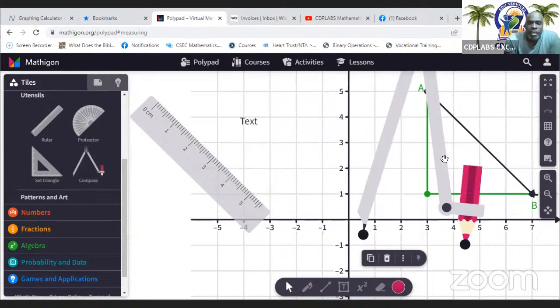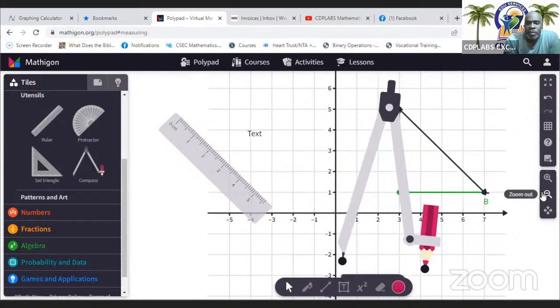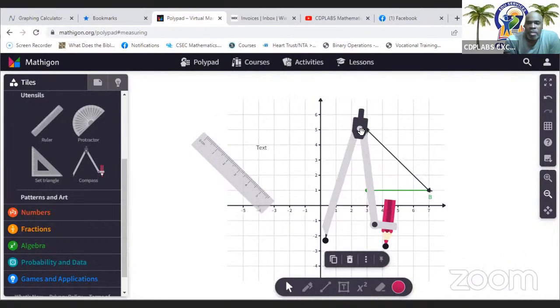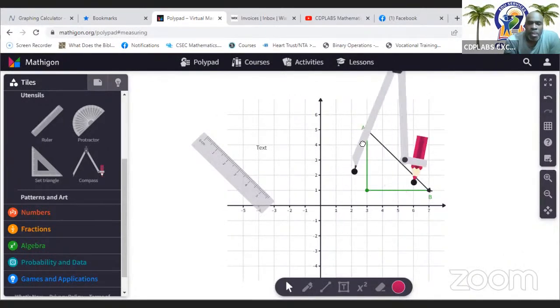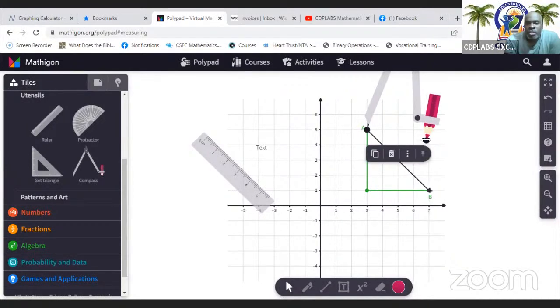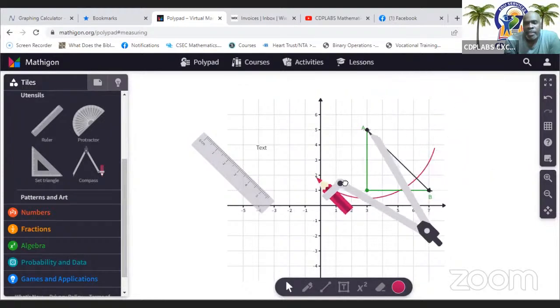So let's say we bisect the line. You pull your compass, open it a little bit more than half the length of the line.